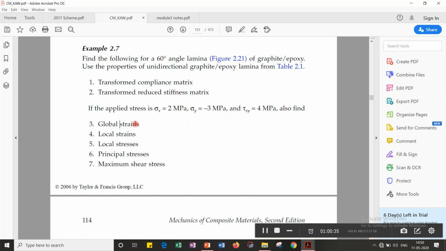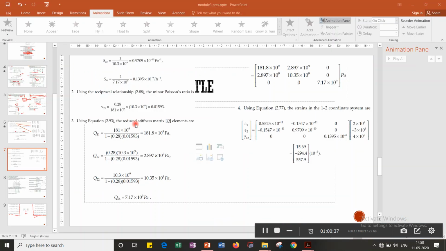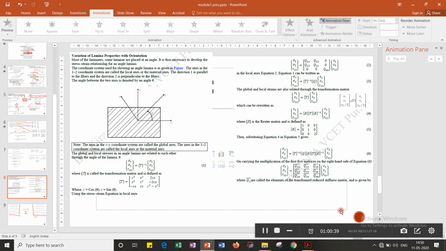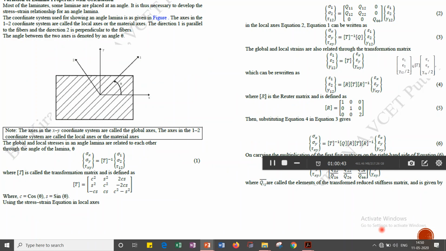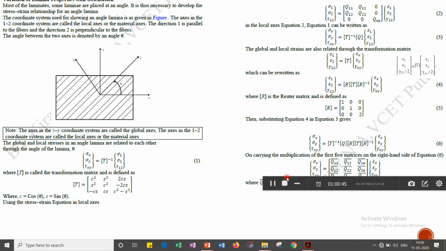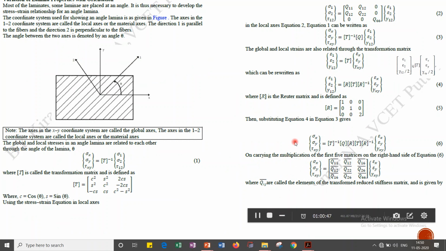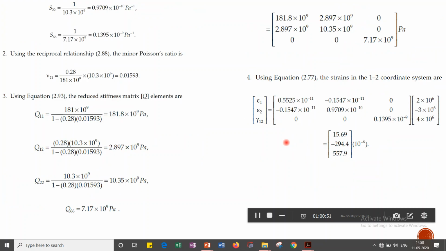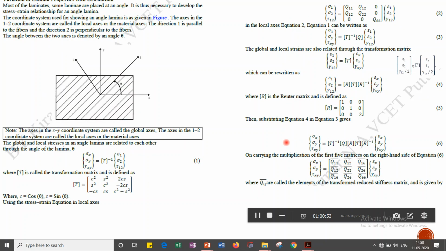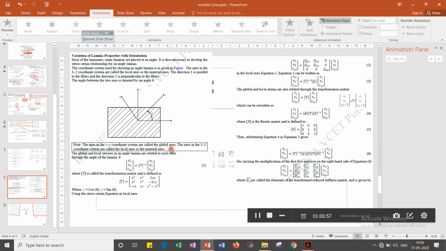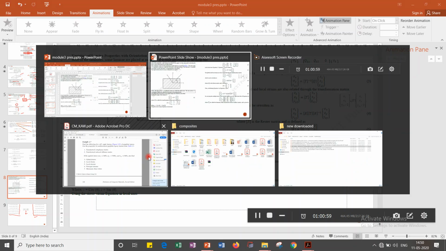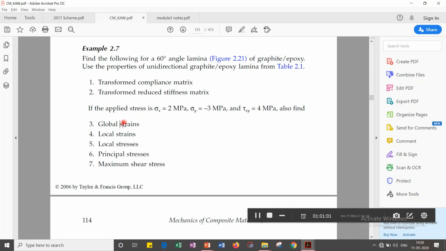What are global strains? If I look into this derivation, you should observe which are the global strains.